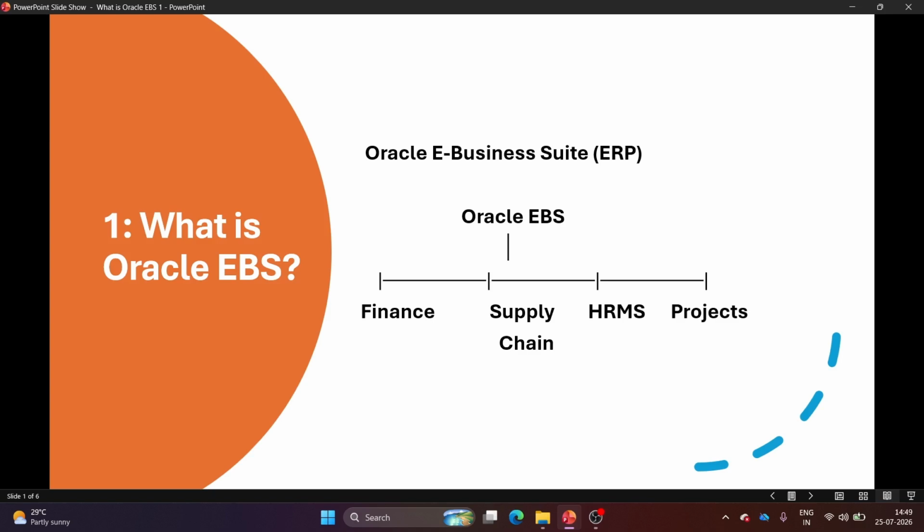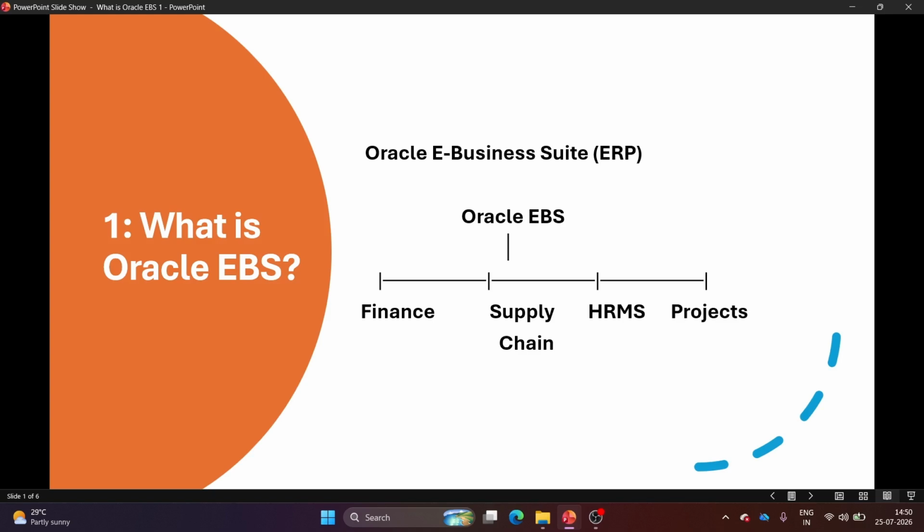The supply chain module helps organizations manage purchasing, inventory, order management, and the movement of goods from supplier to customer. And move to HRMS. HRMS stands for Human Resource Management System. It manages employee records, payroll, leave, attendance, and other HR related activities. And move to project. The project module helps organizations plan, execute, and track project cost, budgets, resources, and revenue.